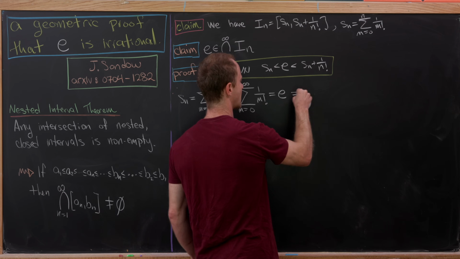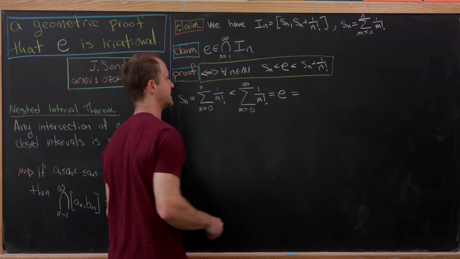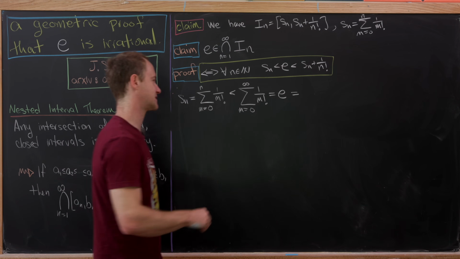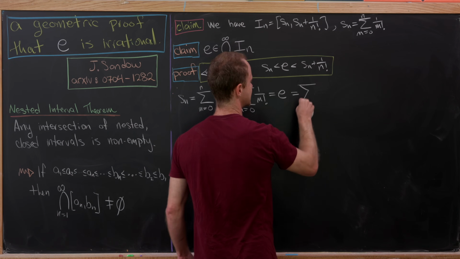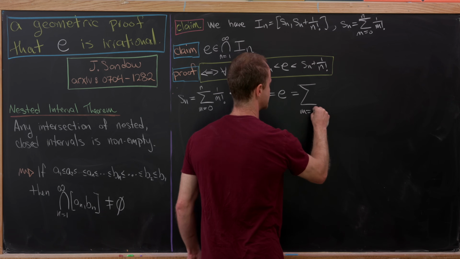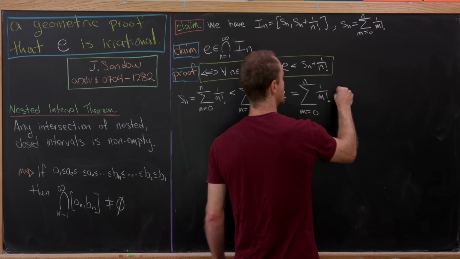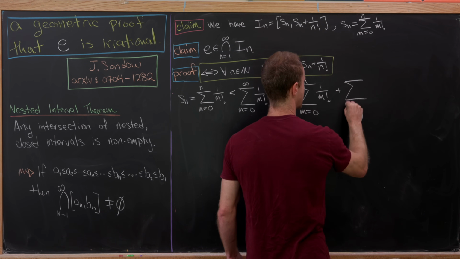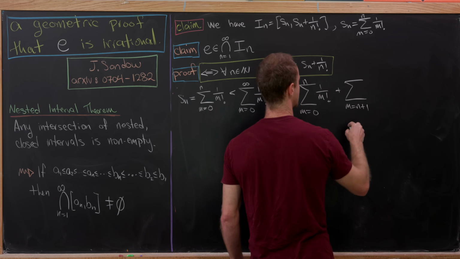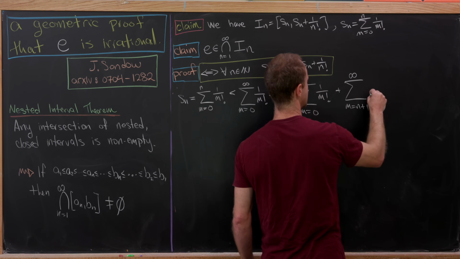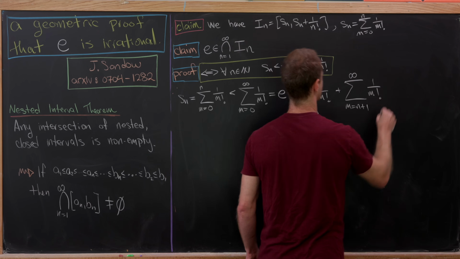But now let's write e like this again, but let's split it into pieces. Let's split this into the sum as m goes from 0 to n of 1 over m factorial plus the sum as m goes from n plus 1 up to infinity of 1 over m factorial.